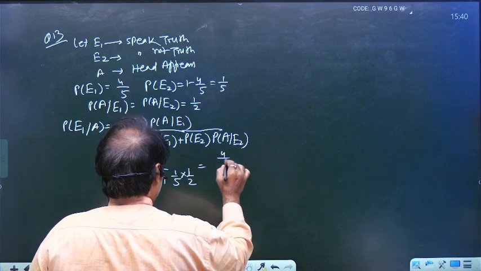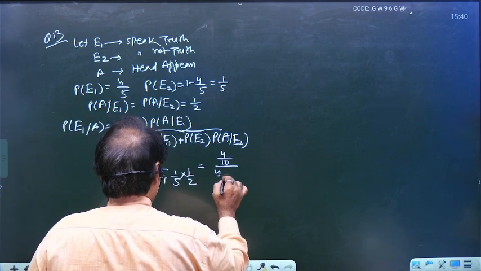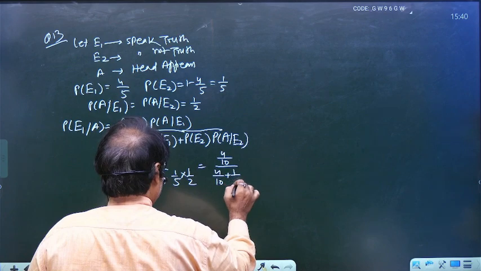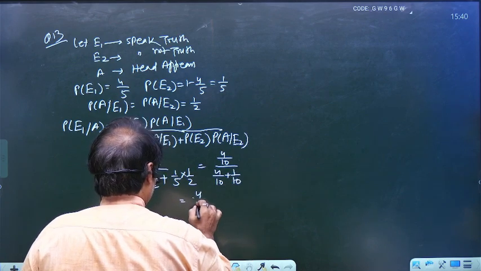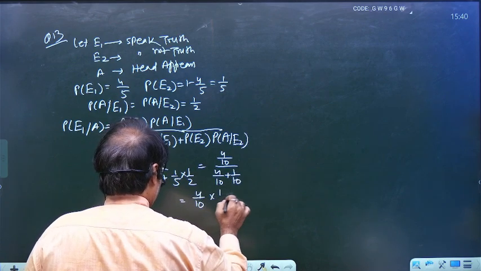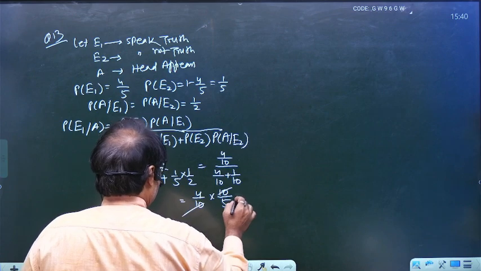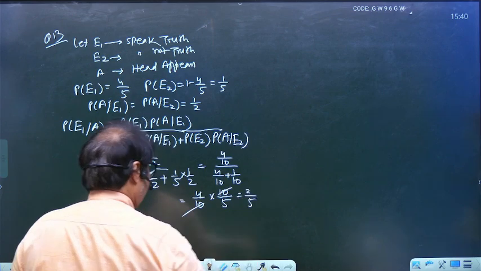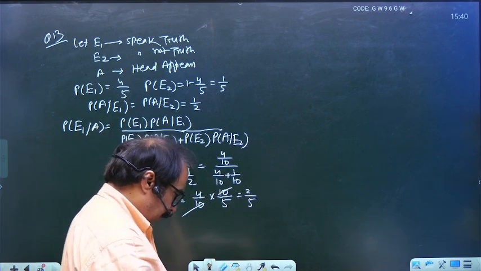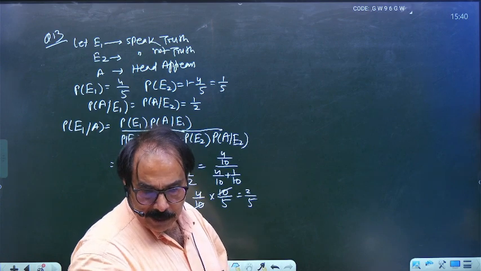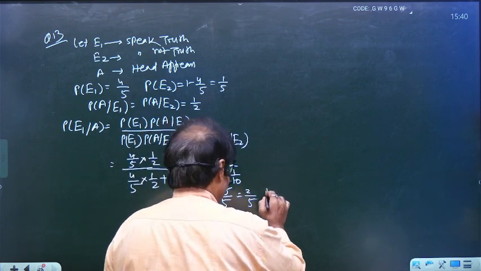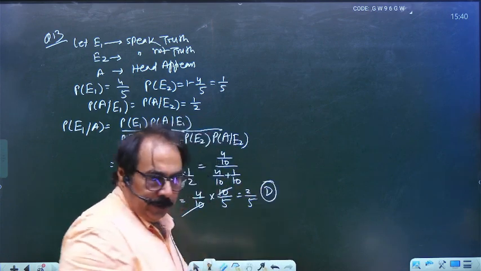So it is 4 by 10 plus 4 by 10 plus 1 by 10. So this is 4 by 10 into 10 by 5. So this is cancelled. So 2 by 5, and the correct option is 2 by 5, that is D. So D is the correct option.